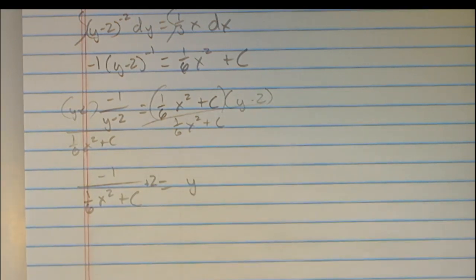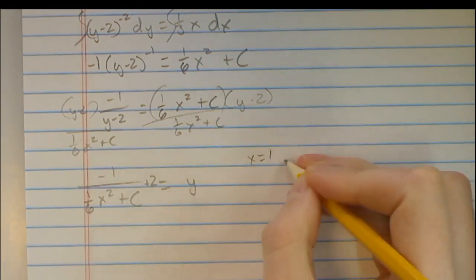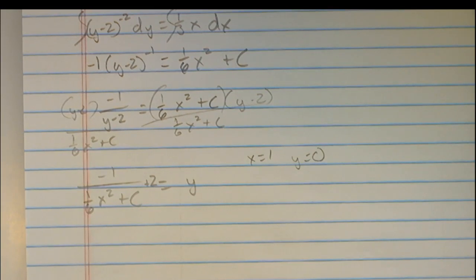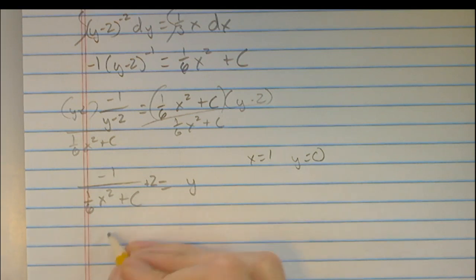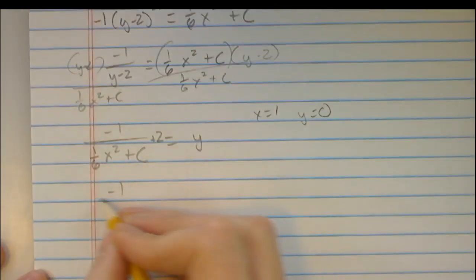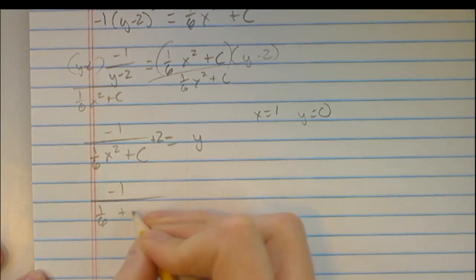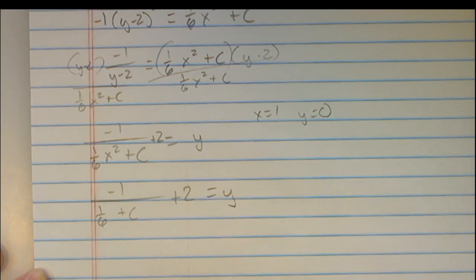All right, so here's our function. We know x equals 1, y equals 0. Maybe it would have been easier to solve for c before. Actually, probably. Whatever. Negative 1 over (1/6 plus c) plus 2 equals y.